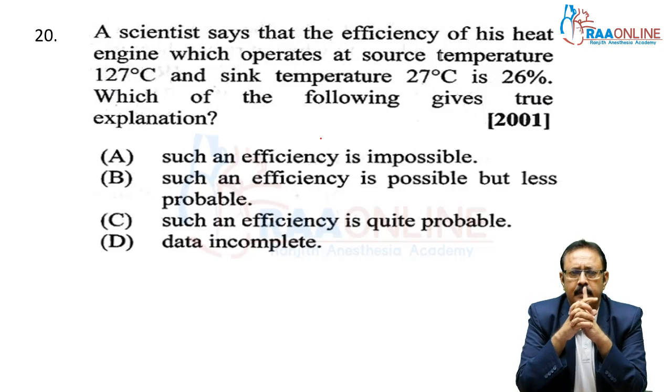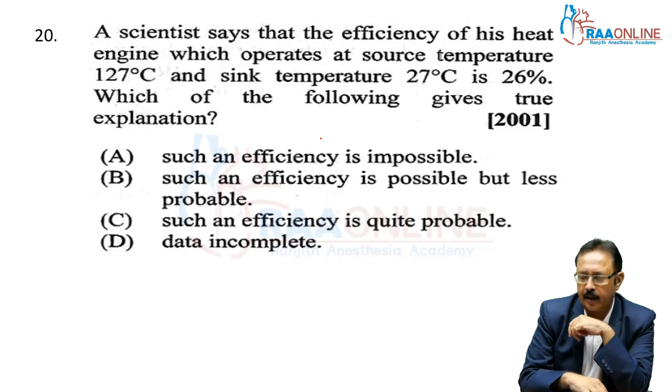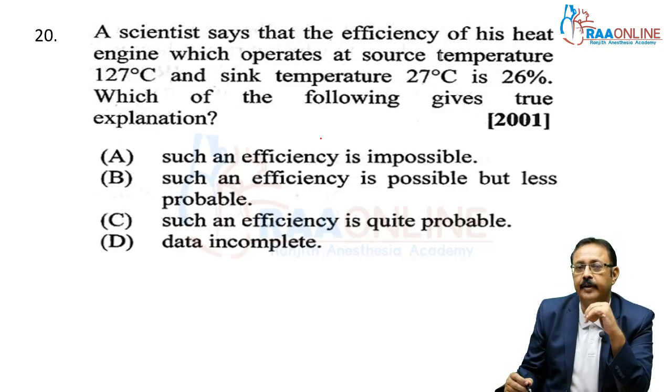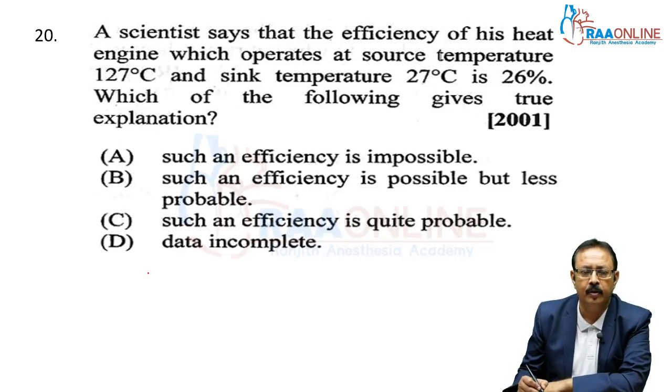First we will check, for these two temperatures, what is the efficiency of an ideal heat engine, meaning a Carnot heat engine, in which we use infinite thermal capacity source and sink and ideal gas as the working substance.